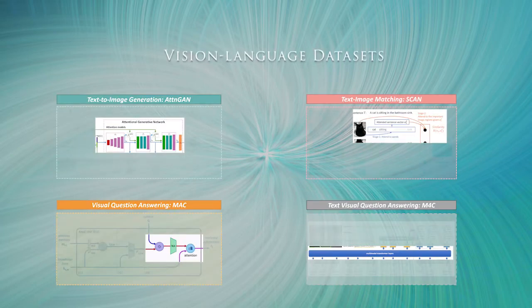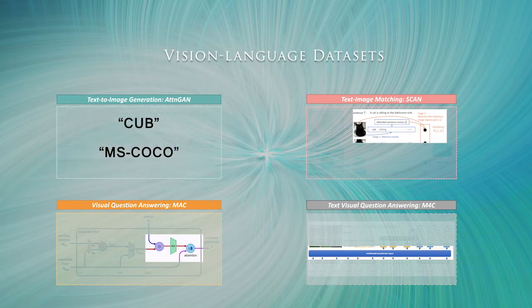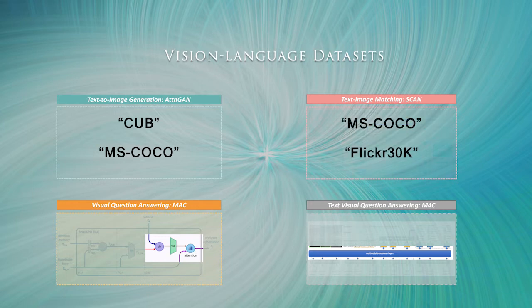We conducted our experiments on the commonly used benchmark datasets for each VL task. For T2I Gen, 2 benchmark datasets are used: CUB, which has 10 textual captions for each bird image, and MS COCO, with 5 manually written textual descriptions per image. For T&I match, we used MS COCO and Flickr30K, with 5 crowdsourced captions per image.